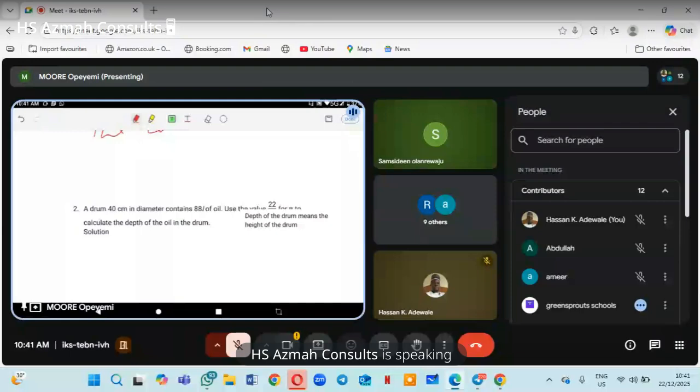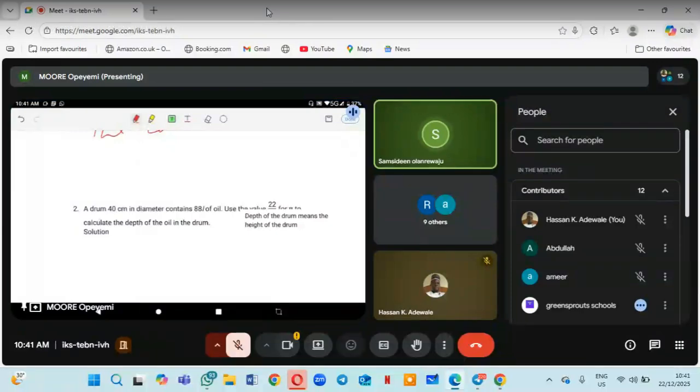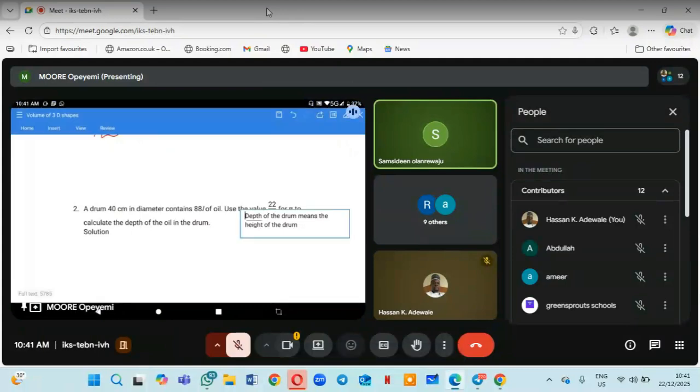Can we try this one? Let's try this one now, everybody. Let's try this one.